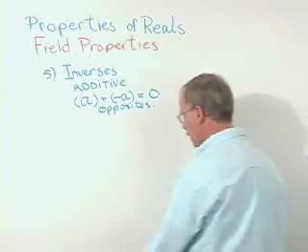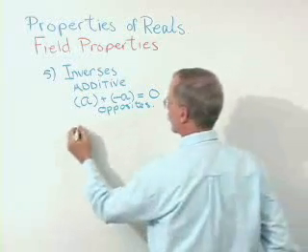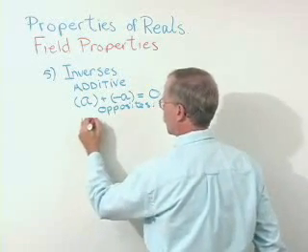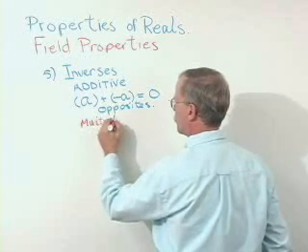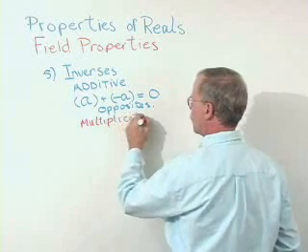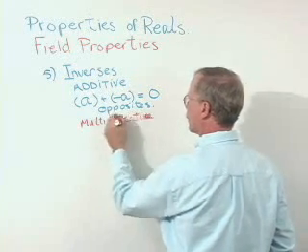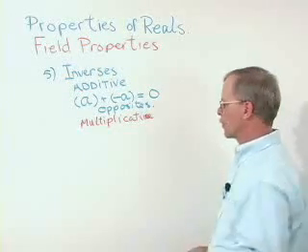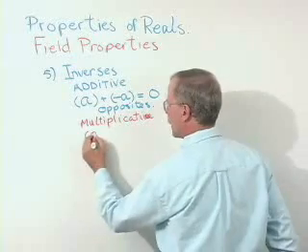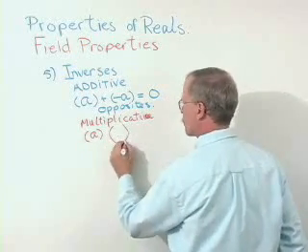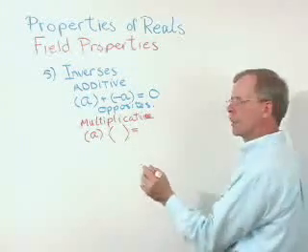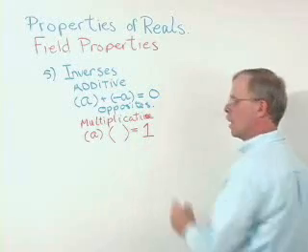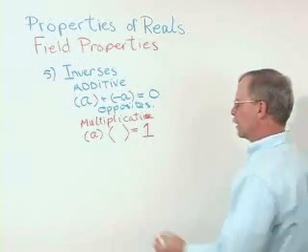We also have multiplicative inverses. The multiplicative identity is 1, so what are the multiplicative inverses? We need to multiply A times something to give us the multiplicative identity of 1. What would that be?